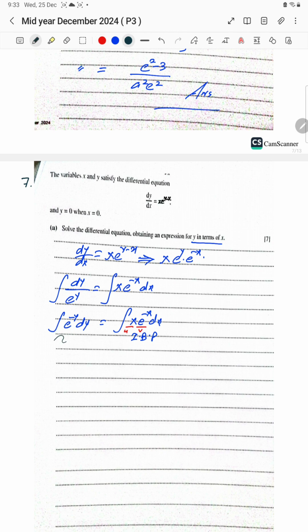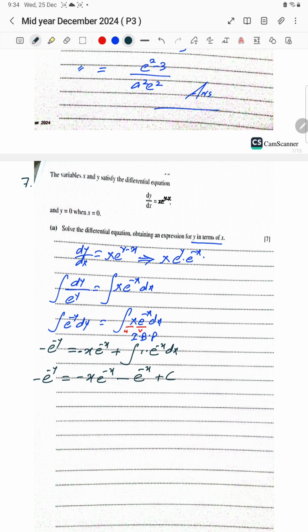This integral will be minus e raised to minus y equal to u times integral of v, e raised to minus x over minus 1, that is minus 1, plus the differential of u, which is 1, and e raised to power minus x, dx. Further integrating, minus e raised to minus y equal to minus x e raised to minus x minus e raised to minus x plus c.